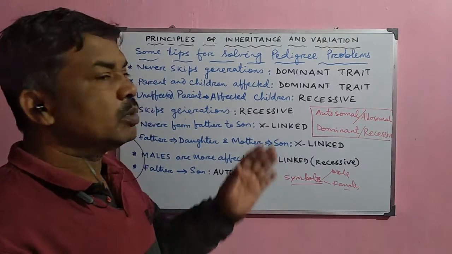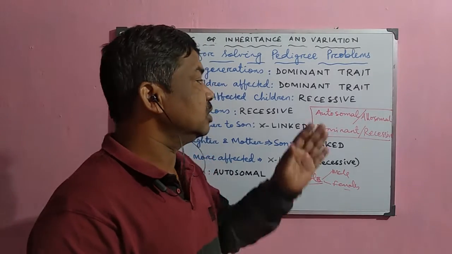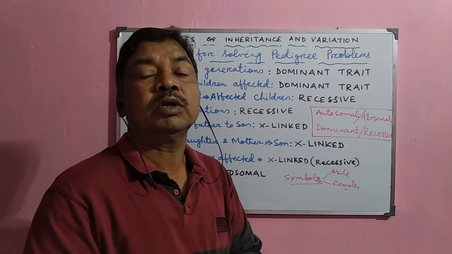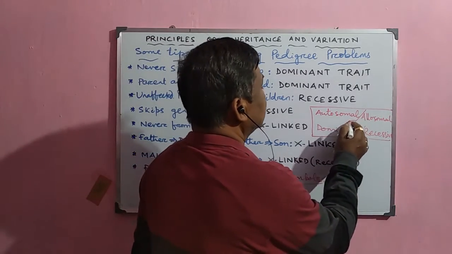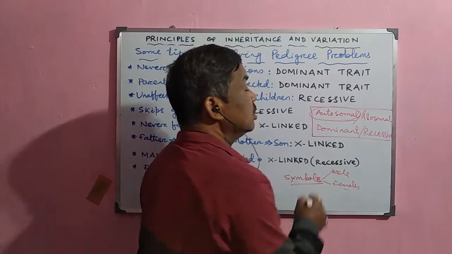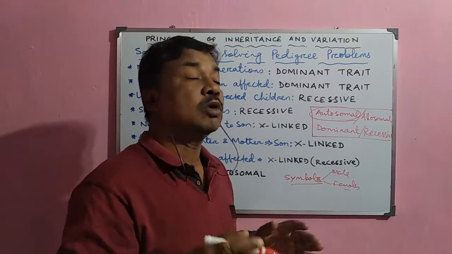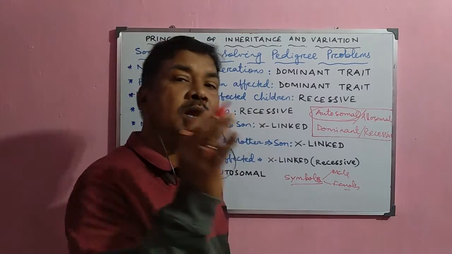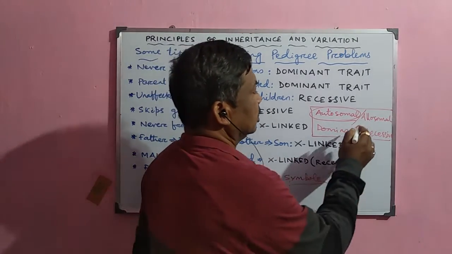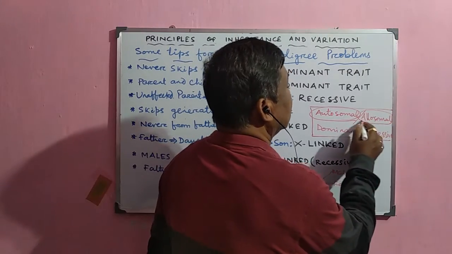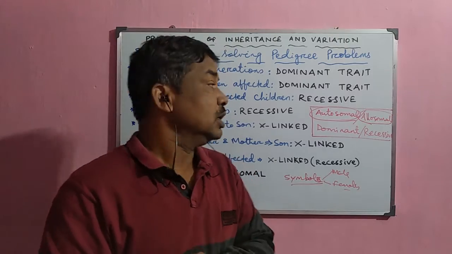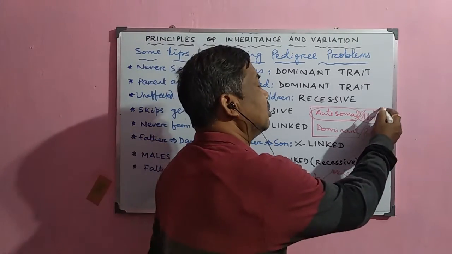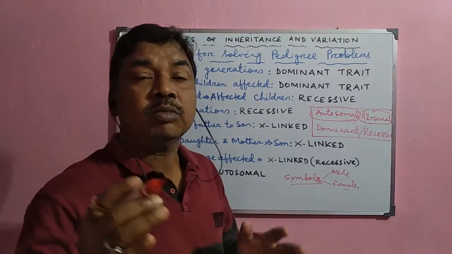Next, the genetic disorders which normally occur in the human body are either related to autosomes, and those are called autosomal disorders, or related to the sex chromosome, normally the X chromosome, and those are called allosomal disorders.